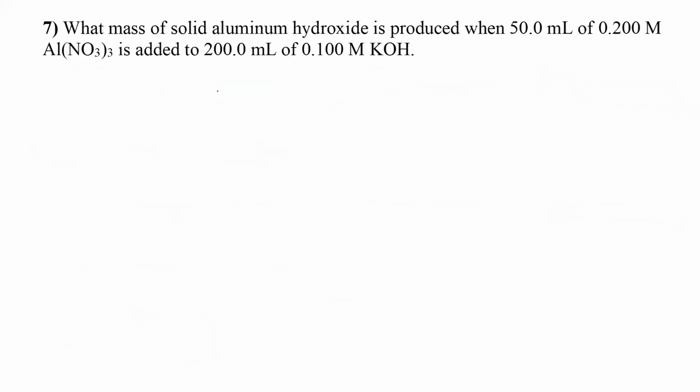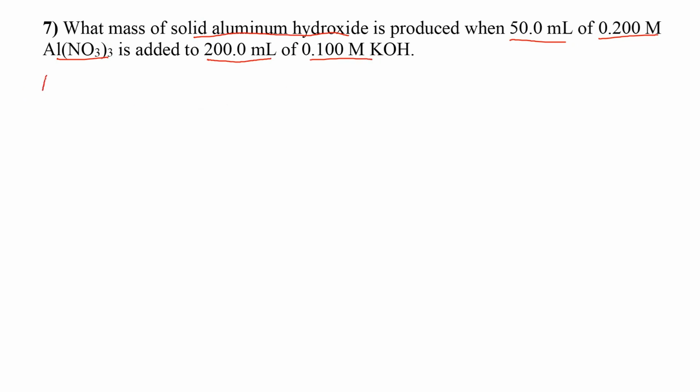Let's move to exercise number 7. What mass of solid aluminum hydroxide is produced when 50 ml of 0.2 molar aluminum nitrate is added to 200 ml of 0.1 potassium hydroxide?